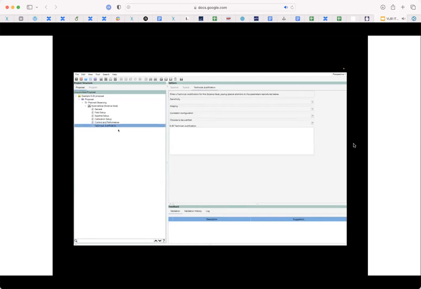And if you go now to the technical justification, you here have to fill out a lot of information that is important for your VLBI observations. This has also been discussed before in the presentation. Let me just put an example here. So now you have here the different information which you should just justify.